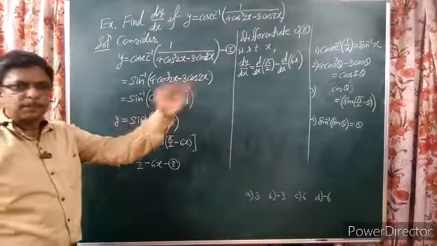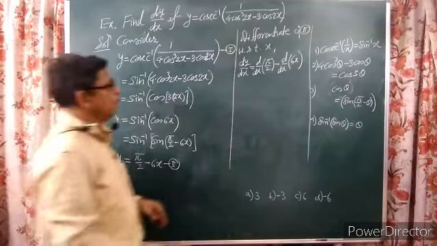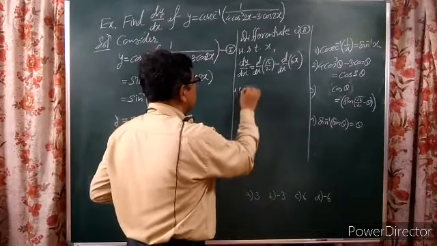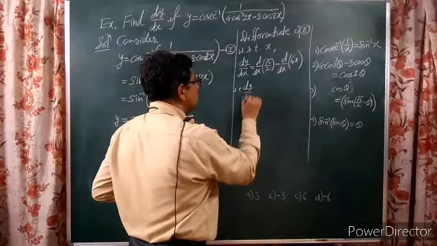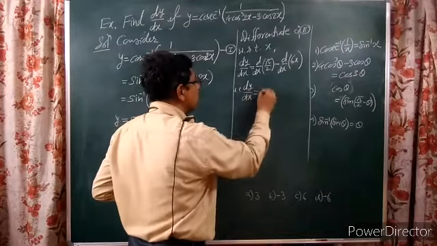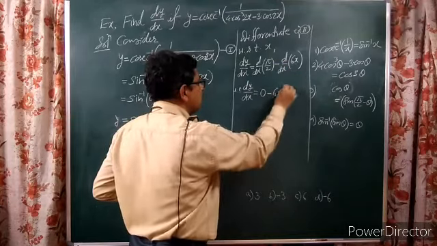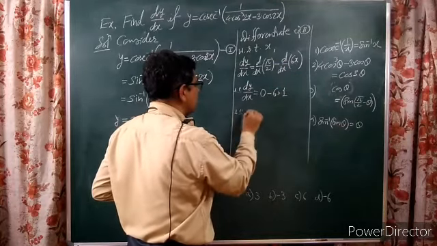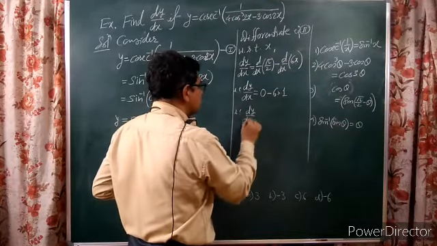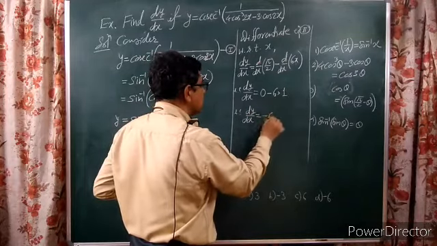You may avoid this step and write the answer directly. So we are getting dy by dx is equal to, derivative of pi by 2, it is a constant, is 0, minus 6 is taken outside, and derivative of x is 1. That is, dy by dx is equal to minus 6.